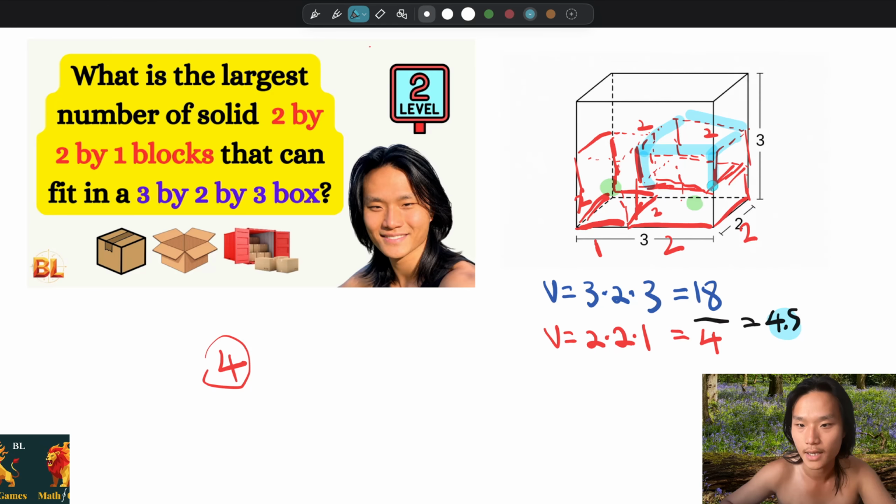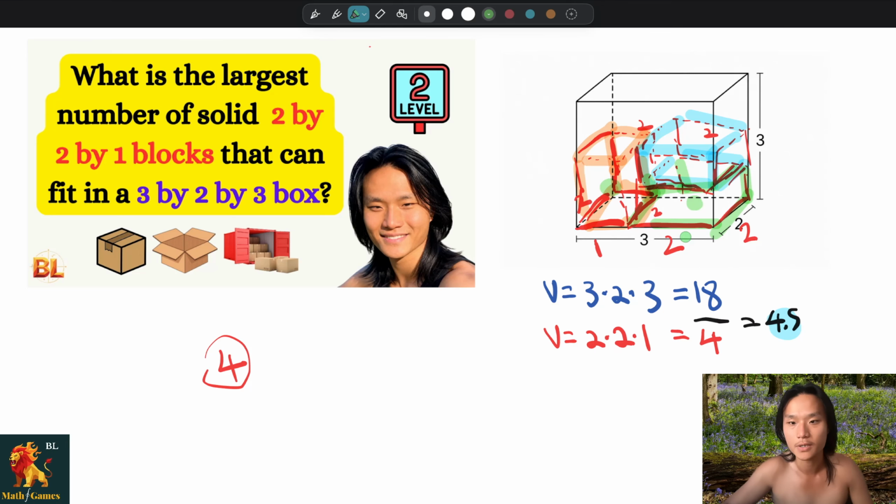So like that, right? I think this looks pretty good actually. I'm going to use orange to highlight that just to make it clearer. And then the green is our first. So the green here is the original first box that we have drawn. So now you can see there are 3 blocks inside the box.